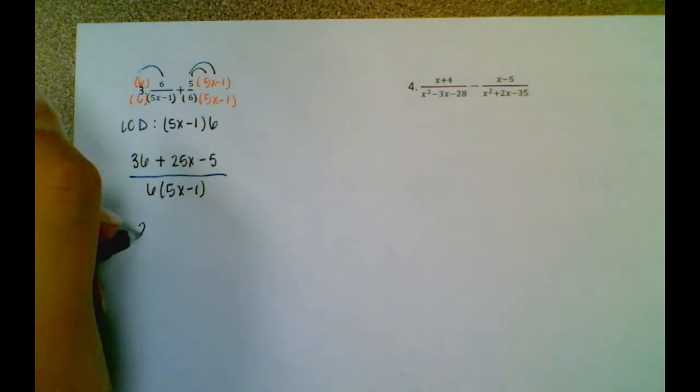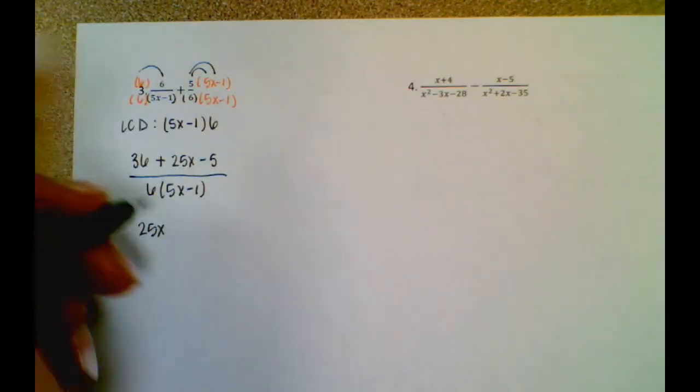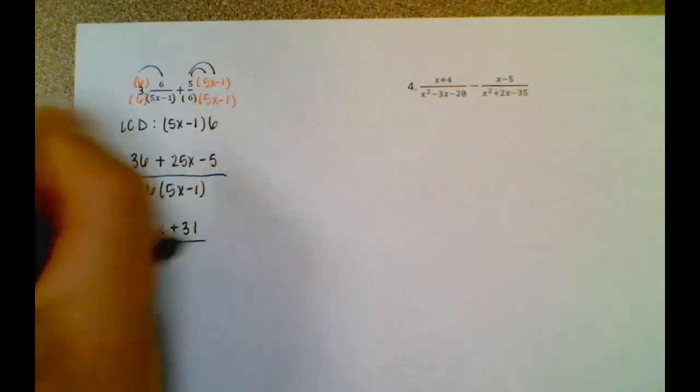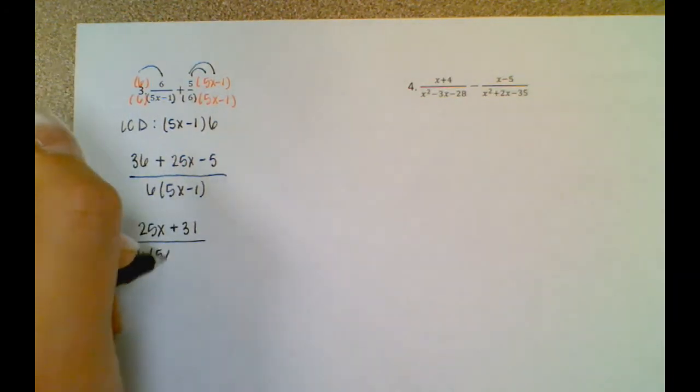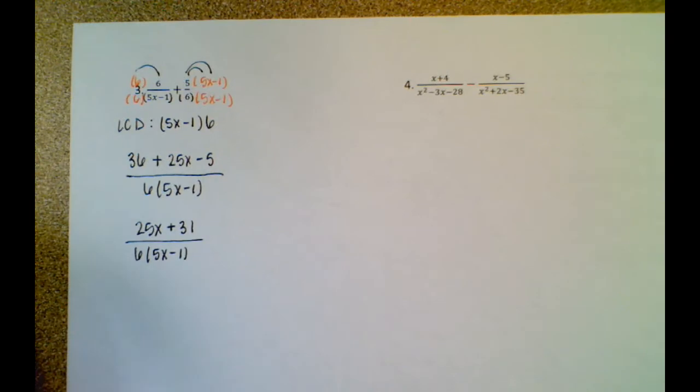So I get 25x. What's 36 minus 5? 31. All over 6 times 5x minus 1. And I can't factor anything out of the 25 and the 31, so that's it. Yeah, just making sure here. Yeah, there's nothing I can do.